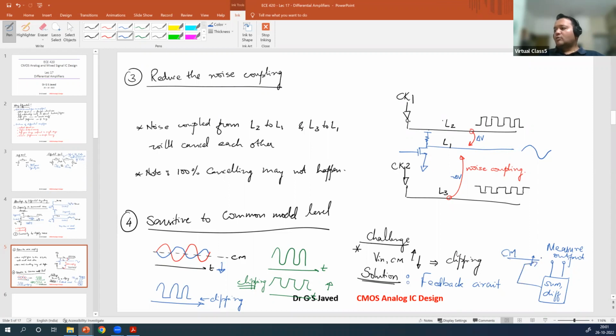You tune the common mode appropriately to either go up or go down, such that, what is the aim? No clipping. So this feedback loop is called a common mode feedback circuit.